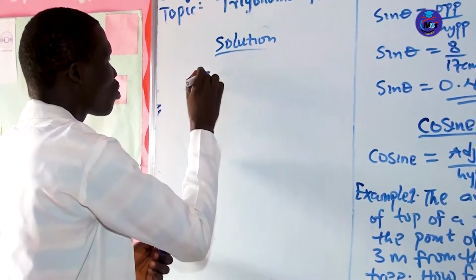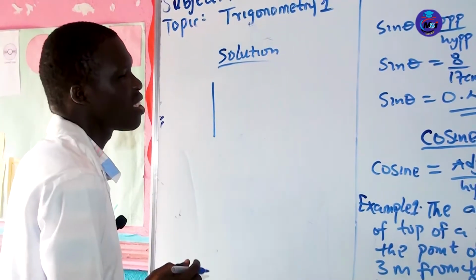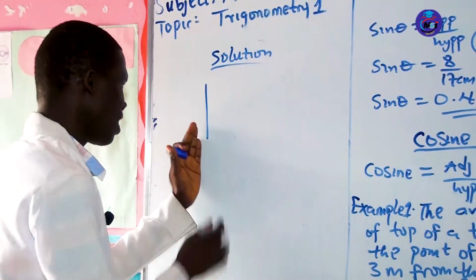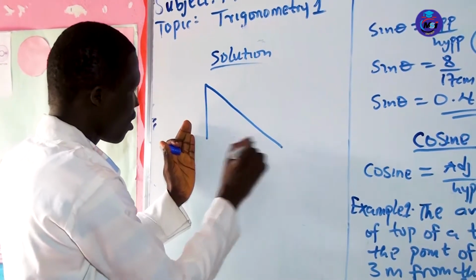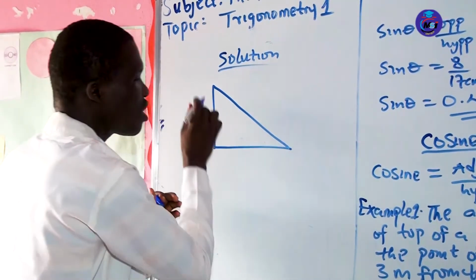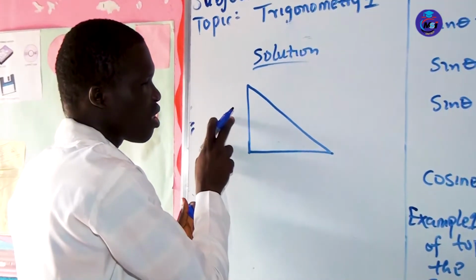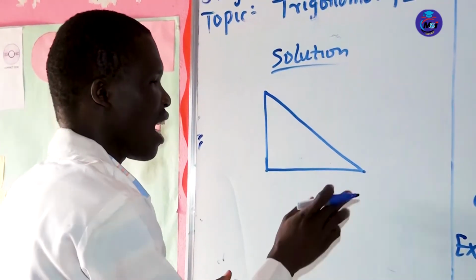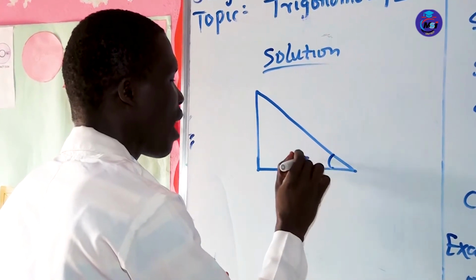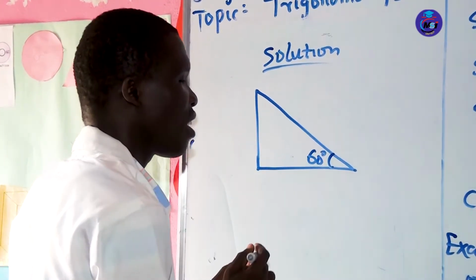Here you have a tree, right? The angle of elevation, this is the angle, okay, and this is the foot. This is the top of the tree, okay, and this is the angle of elevation. So you are going to have 60 degrees here.